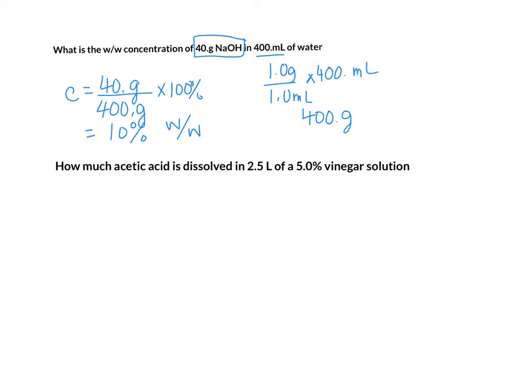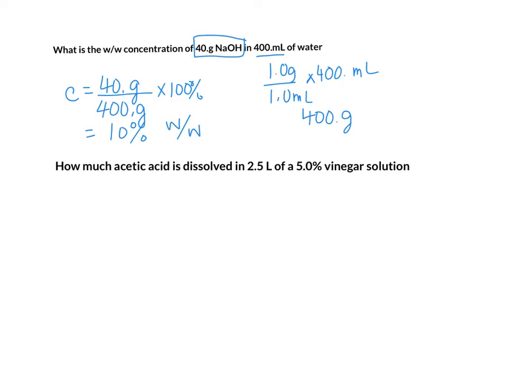Second example. How much acetic acid is dissolved in water if it is 2.5 liters of a 5% vinegar solution? So this is how they make vinegar. They dissolve acetic acid in some water. And typical 5% is what you buy.